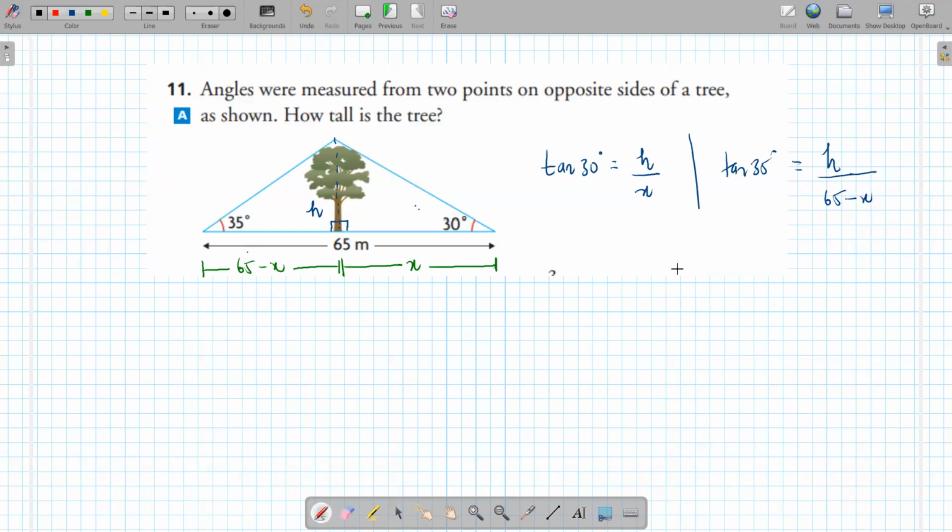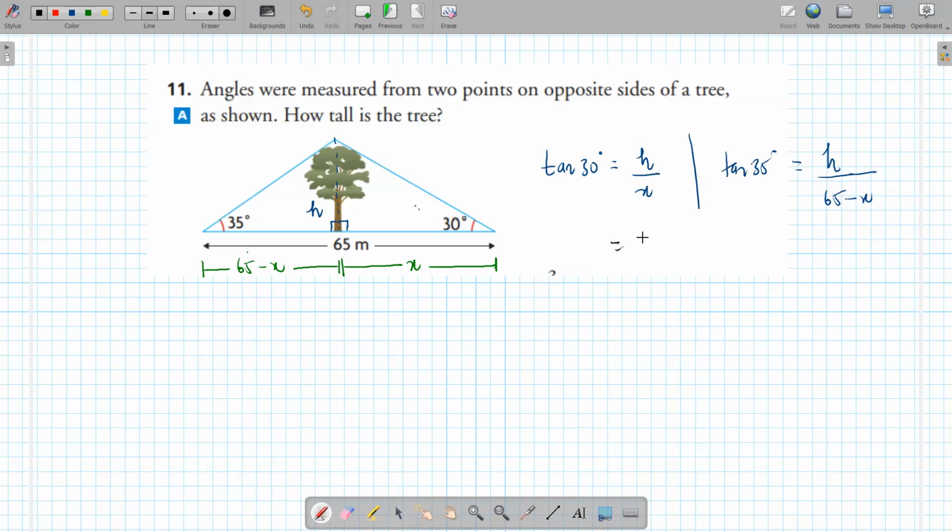We need to do a little bit of a substitution here. You can't solve for X because there's a 65 minus X. Let's solve for H on both sides.